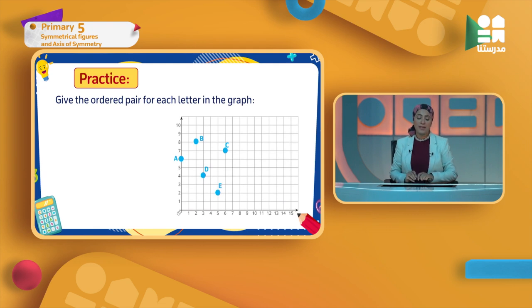So let's take an example. Give the ordered pair for each letter in the graph.